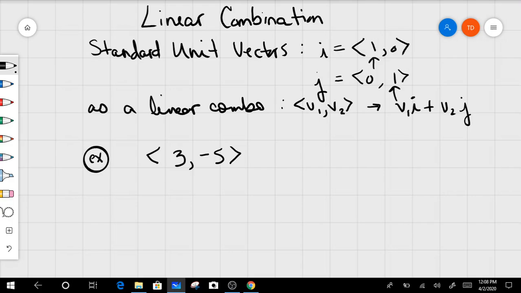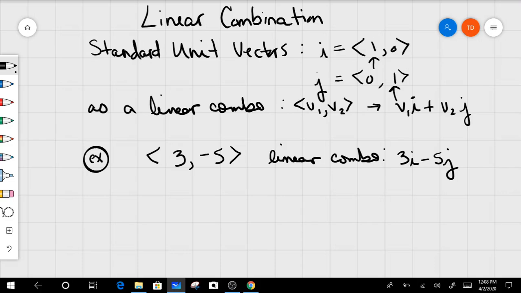That tells me wherever I start, I travel right 3 and down 5, no matter where I get to start from. That's what this vector is doing. And we want to write that as a linear combination. Then it would be 3i minus 5j. Done. That's it.